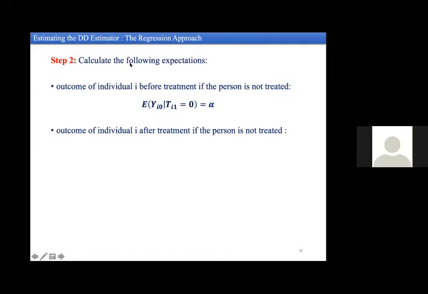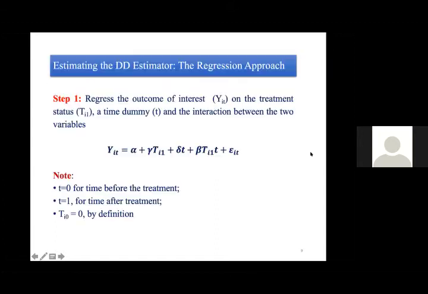Racha, can you just show us the equation once more? Yes, sure. Here. It's for someone who's not treated at period 2, right? Yes, so I want to calculate the expected outcome in period 2, so in 2019 in our example, but she is not treated in period 2.